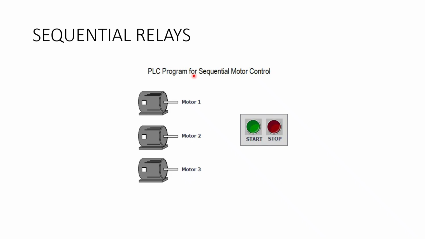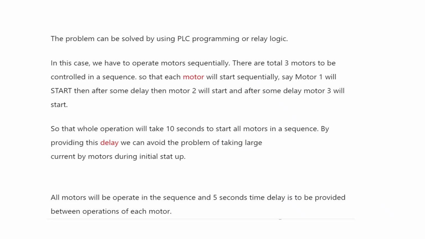To overcome that, we can go for sequential motor control where, assuming there are three motors, motor one gets on, after some time delay motor 2 gets on, and after a time delay motor 3 gets on, one after another in a sequential operation in order to reduce the power supply demand. That is called a sequential relay.